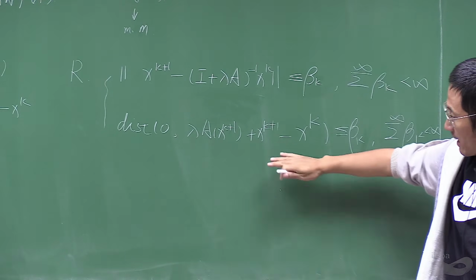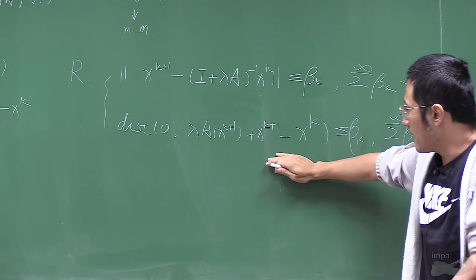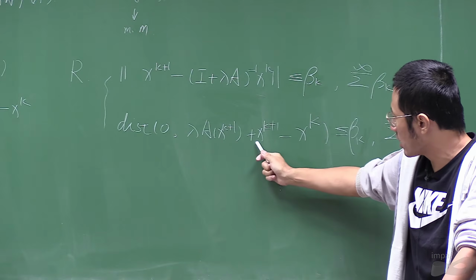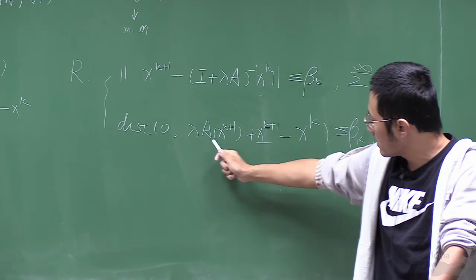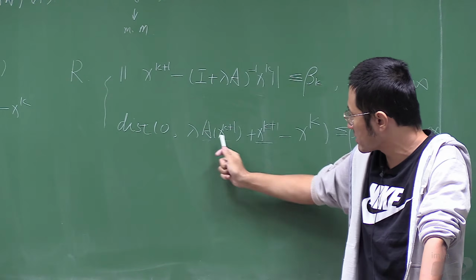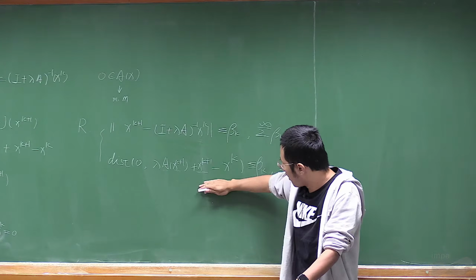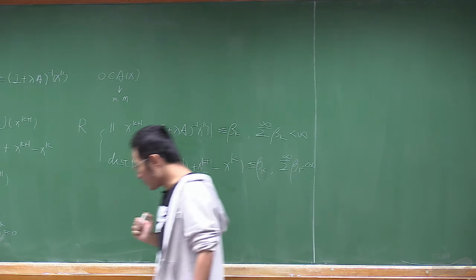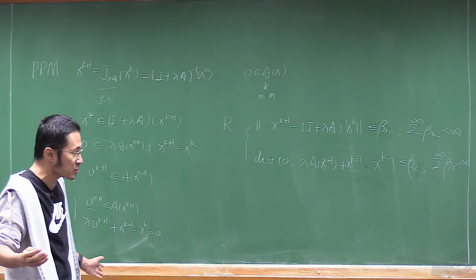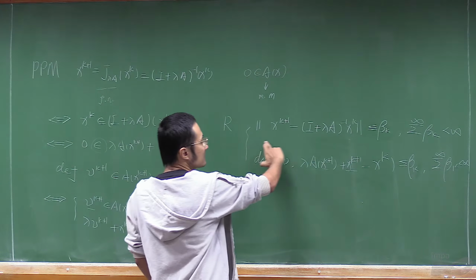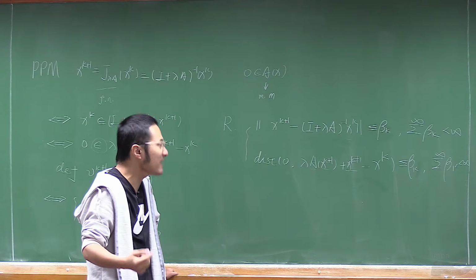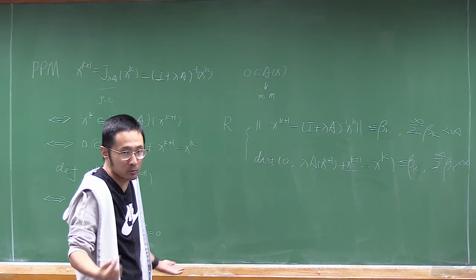Obviously this error criterion is at least actionable, because if you have xk plus 1, you can evaluate the operator at this point. So this is more actionable than the first one. But the problem is the error is summable. So when k is very large, you almost solve this proximal subproblem exactly. This is what we do not like.